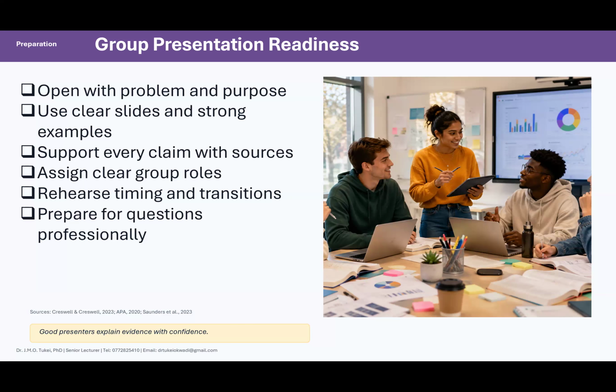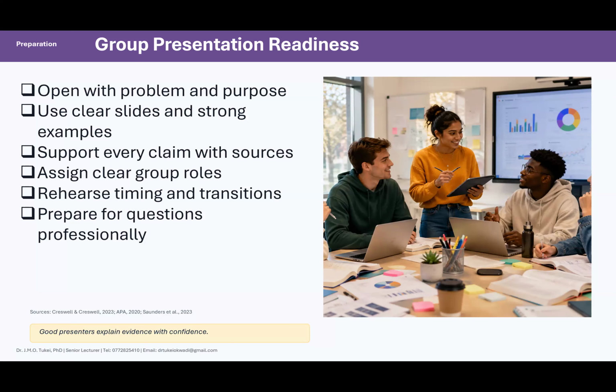Colleagues, I want us now to go to the key part that I want you to listen to carefully. Those who are around, we may pass. Those who are not around may struggle. Examination success requires more than memorizing definitions. I want you to understand this. This is now my marking game.